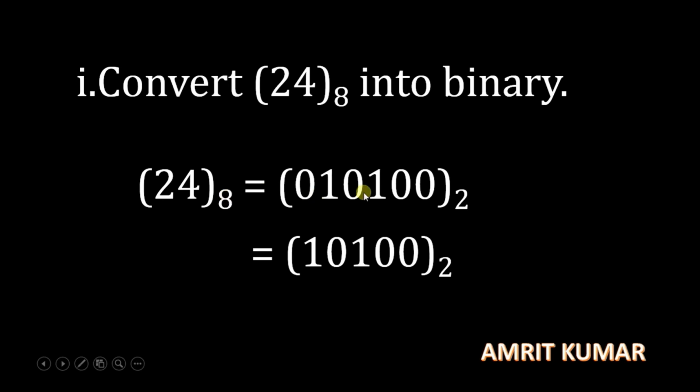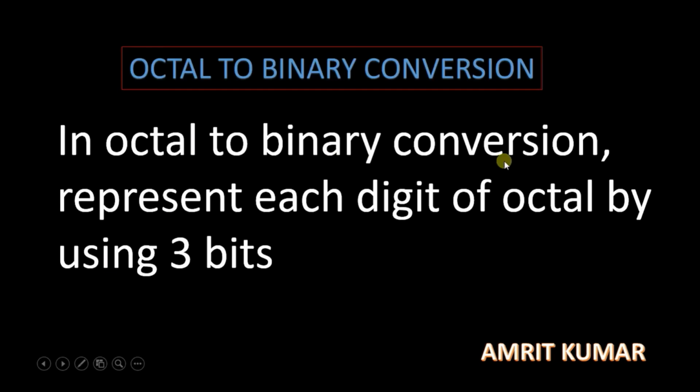You are also getting the point about the bits, that one digit is represented by 3 bits. Here, the digit 4 is signified with these 3 bits, and that is what we have learned: in octal to binary conversion, represent each digit of octal by using 3 bits.